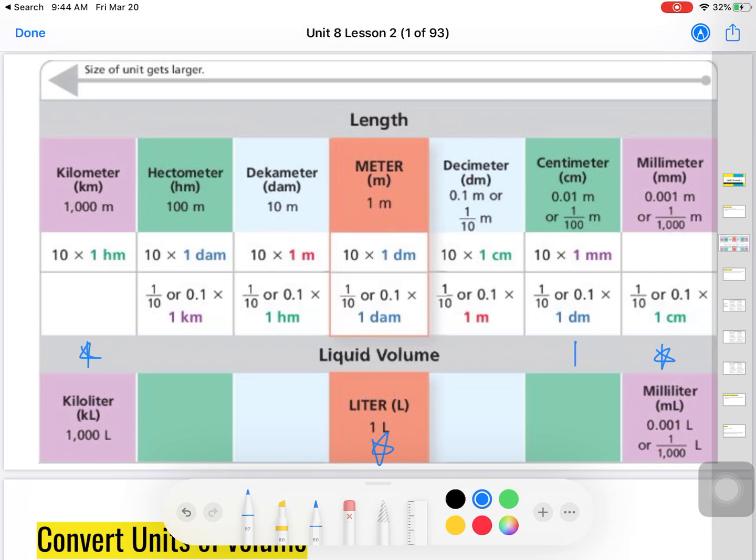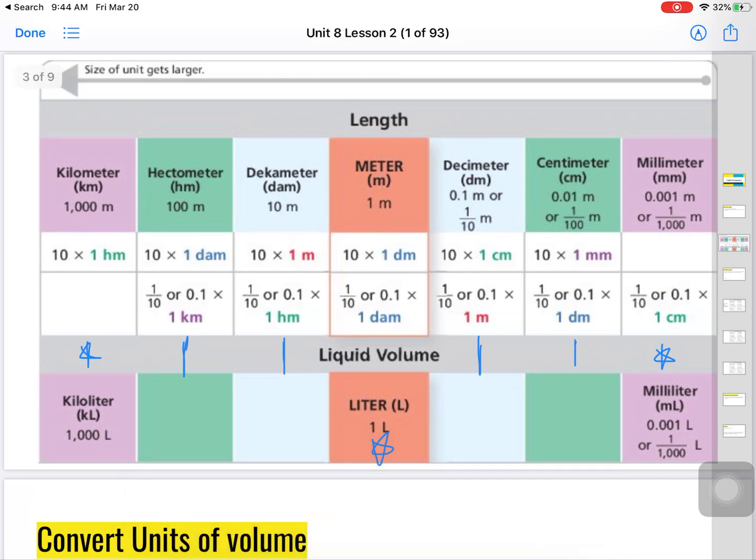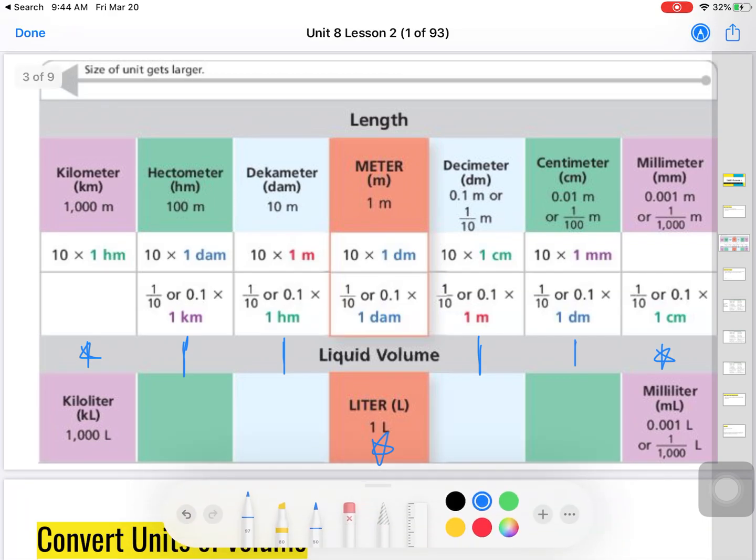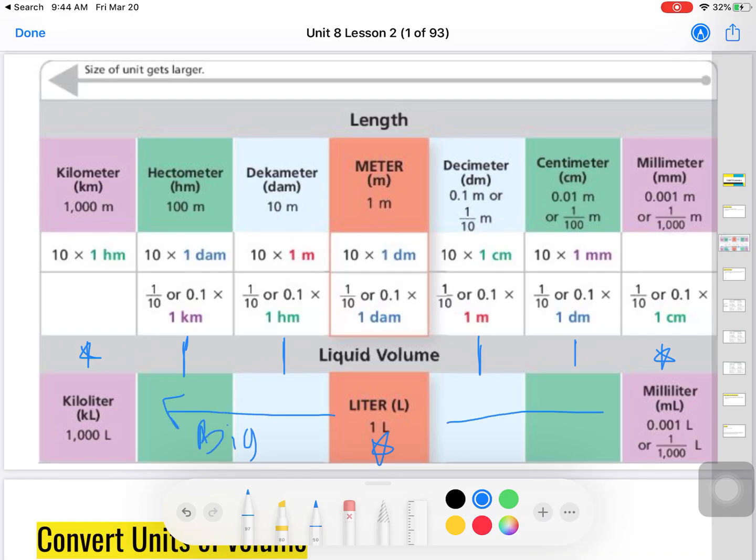Now we do still have the centiliter, the deciliter, and the hectoliter, but those aren't as prominent as they are within the length portion. So once again, as we move to the left, we get bigger, and as we move to the right, we get smaller.